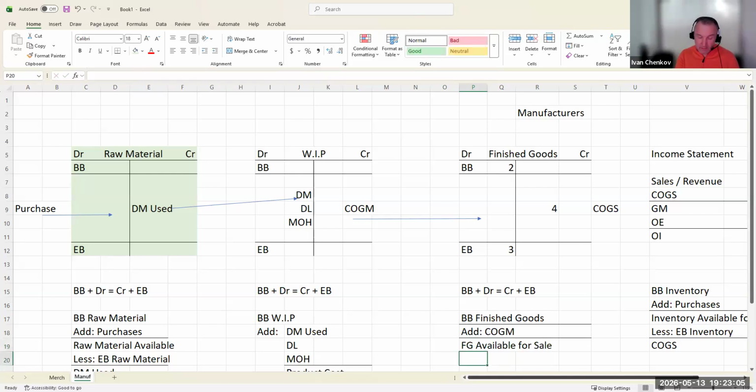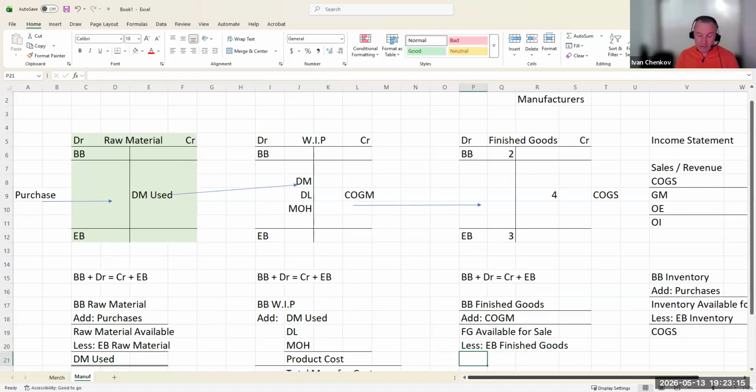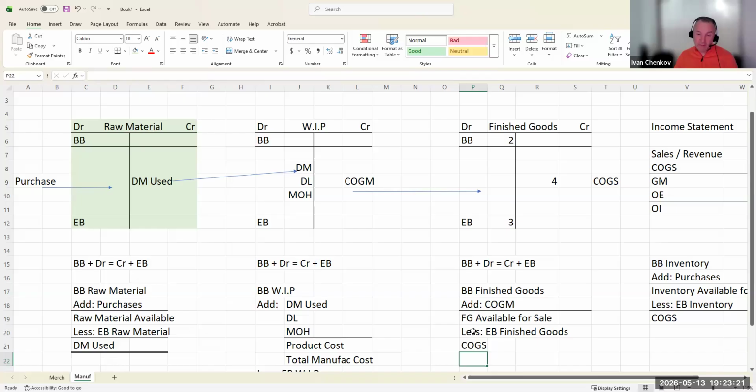Once I deduct the ending balance of these finished goods, I'm going to get cost of goods sold, which I wanted to find in the very first place. But unfortunately, I have to go through all these calculations, one after another, in order to get the cost of goods sold.